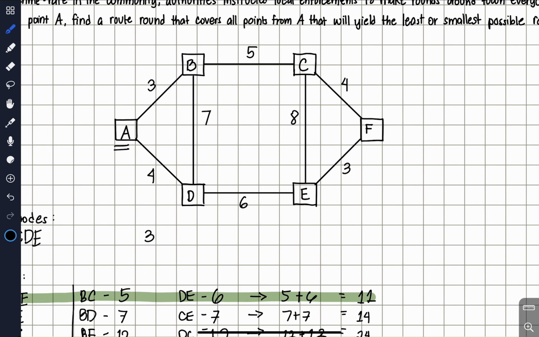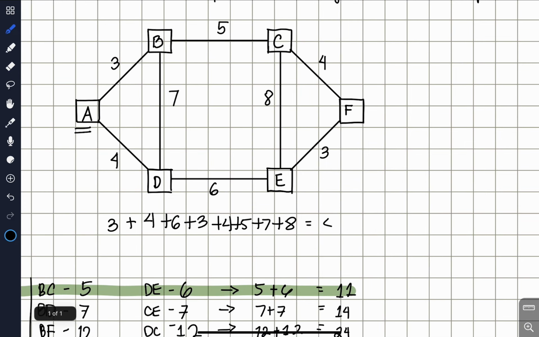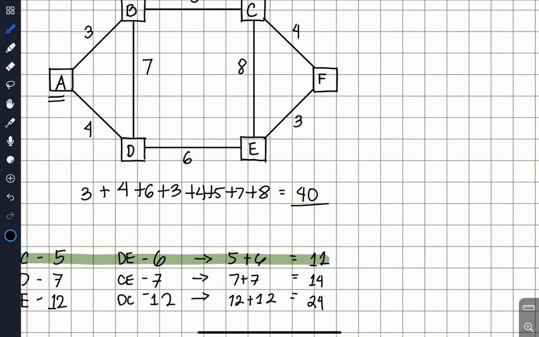So if we have 3 plus 4 plus 6 plus 3 plus 4 plus 5 plus 7 and plus 8, we'll have 4 plus 3 is 7, 7 plus 6 is 13, 13 plus 3 is 16, 16 plus 4 is 20, 20 plus 5 is 25, 25 plus 7 is 32, 32 plus 8 is 40. Our total distance is 40.